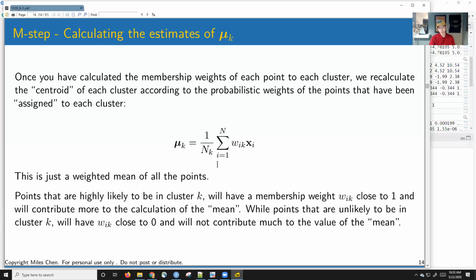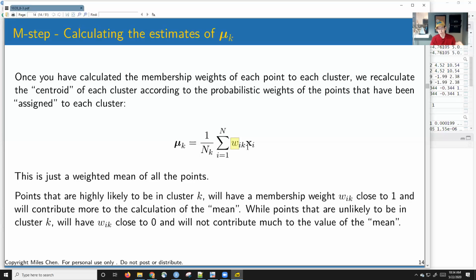This is pretty much the same formula we used for calculating the centroid in k-means clustering, except in k-means clustering this was a z, which meant these weights were either 0 or 1. They were dichotomous, binary.